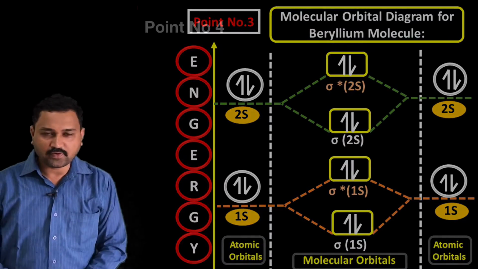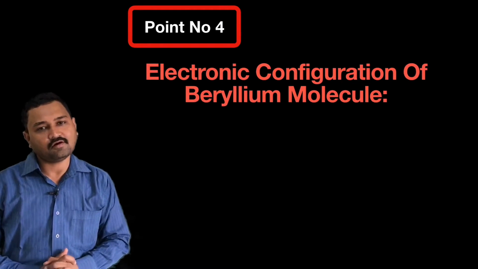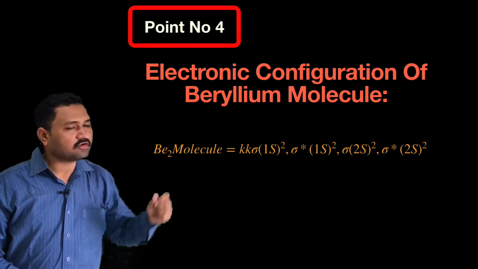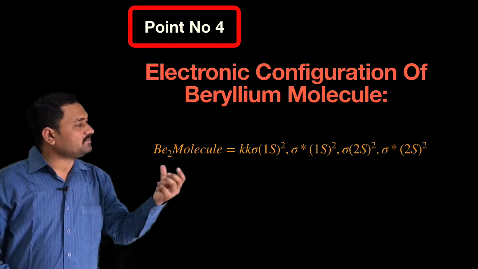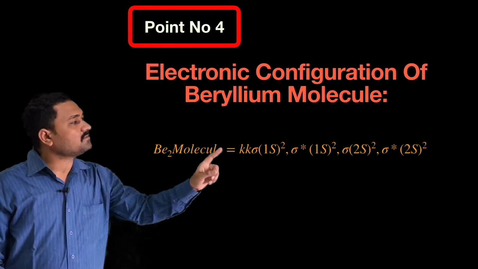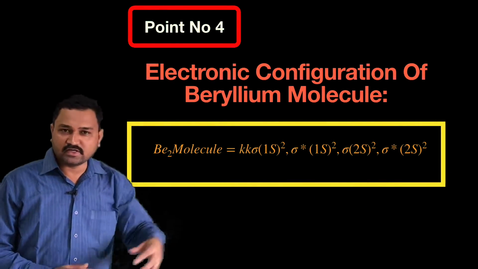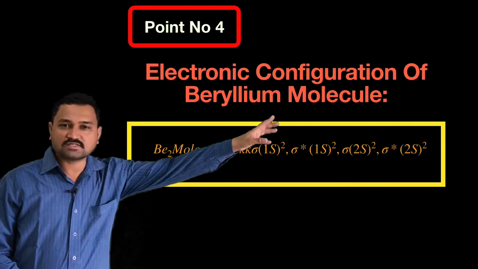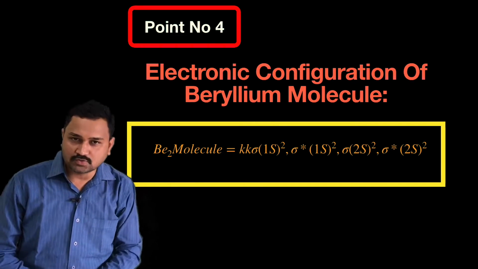Now the next point, point number 4, that is the electronic configuration of the diberyllium molecule. So here I have shown the electronic configuration for the diberyllium molecule. The electronic configuration can be written as KK constant, that is sigma 1s2, sigma star 1s2, sigma 2s2, sigma star 2s2.